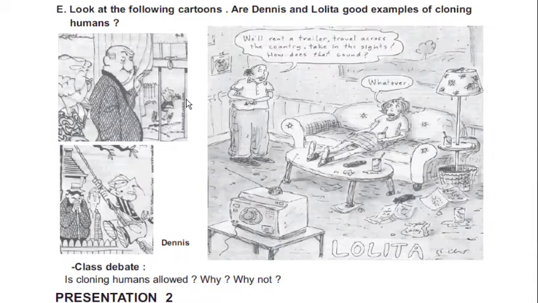Having a look at the first picture, it looks like these are the parents of Dennis. He is going to school, apparently, with the school bag on his back, and he's waving at his parents, saying goodbye.